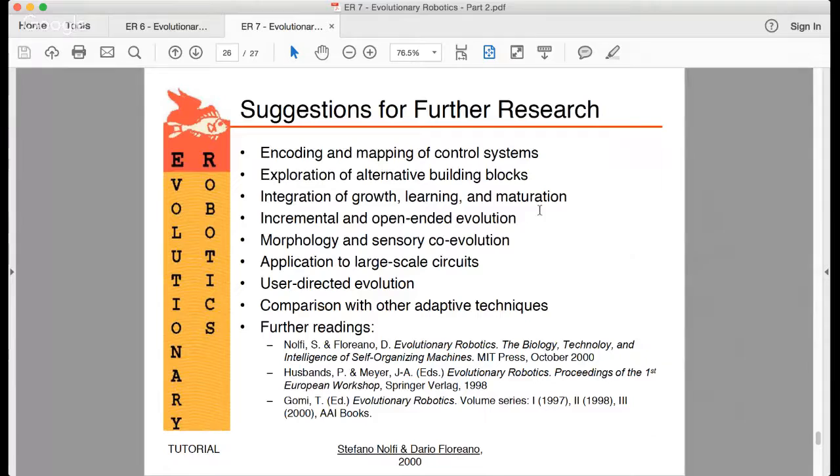Also, this is another good topic. Morphology and sensory co-evolution. Application to large-scale circuits. User-directed evolution. And finally, comparison with other adaptive techniques. And these are some recommended readings by the authors, Nolfi and Floreano. You can just take a look at them.